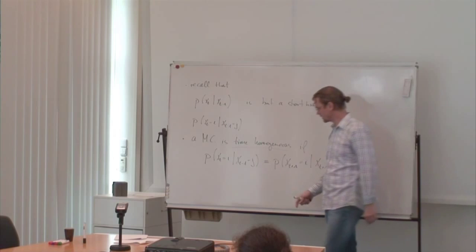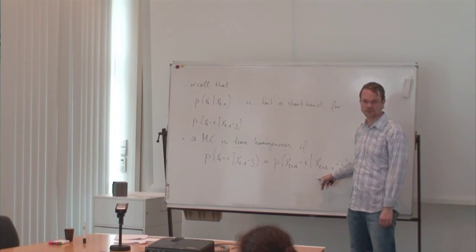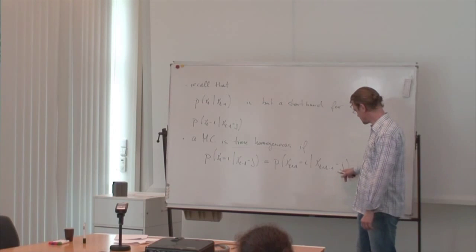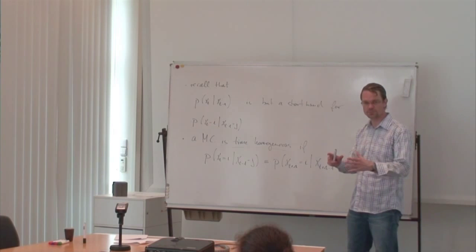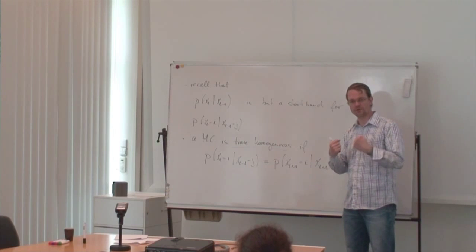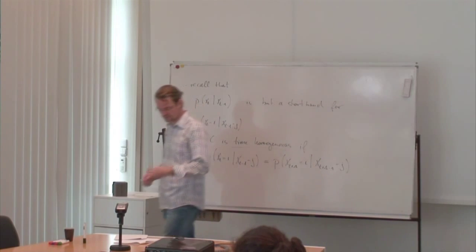This could be right now, and this could be in a year from now. If the transition from a state j to a state i does not depend on the point in time, then this Markov chain is time homogeneous.